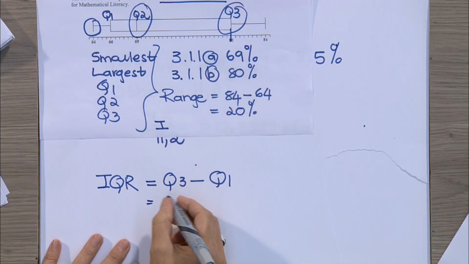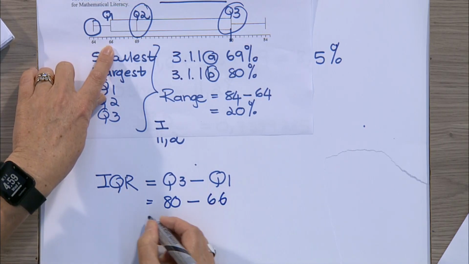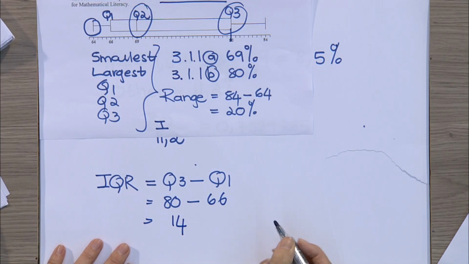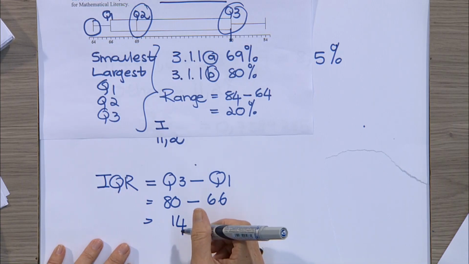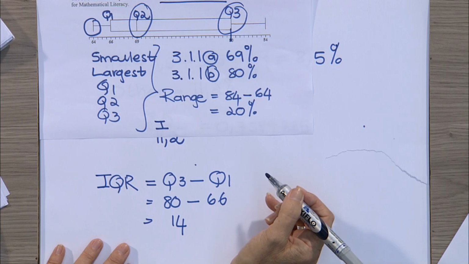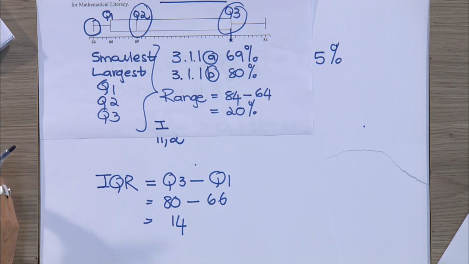So Q3 is 80, Q1 is exactly 66. So 80 minus 66 is 14. Then your interquartile range will be 14 and your range is 20. All right, so this is the question on the box and whisker plot.